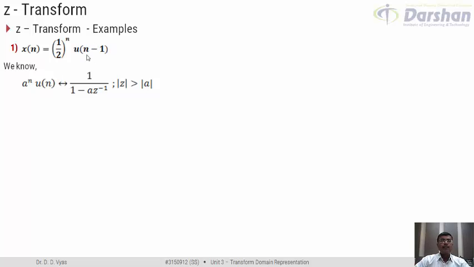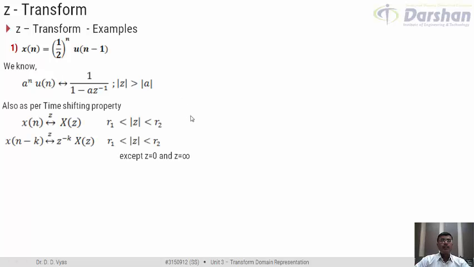Further, because we have u of n minus 1 here, which shows the time shifting of a unit step signal, we also get reminded about a standard property of Z transform, which is the time shifting property. As per this property, if x of n has Z transform x of z, then x of n minus k would have Z transform z raised to power minus k x of z.